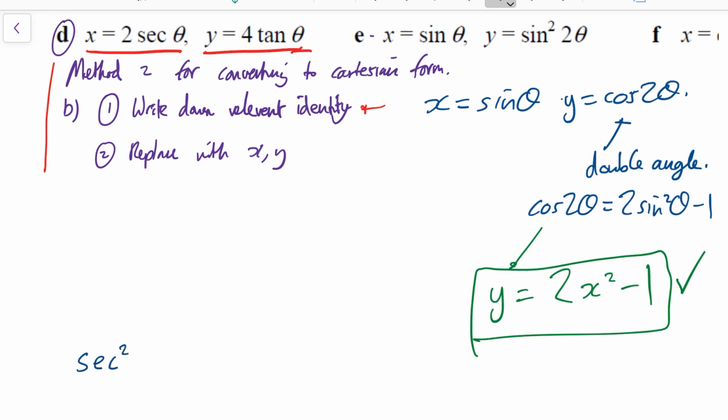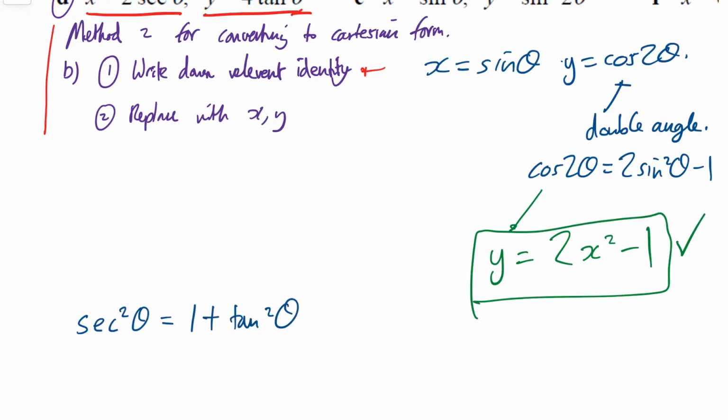Sec squared theta equals 1 plus tan squared theta. Okay, for this one we need to actually do a little bit more work on these two equations here.